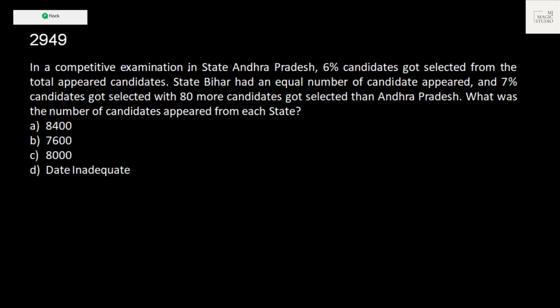Let's check this one. In a competitive examination in state Andhra Pradesh, 6% candidates got selected from the total appeared candidate. State Bihar had an equal number of candidates appeared. 100 appeared, 6 got selected here.